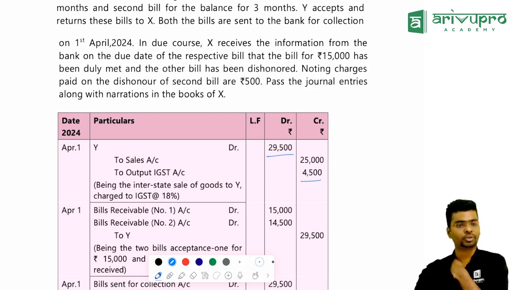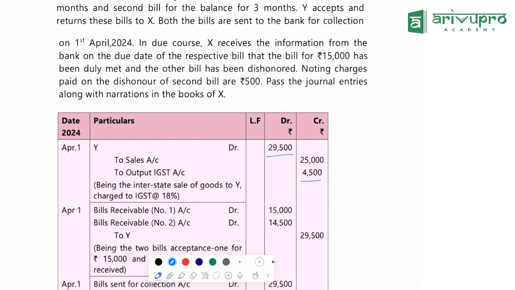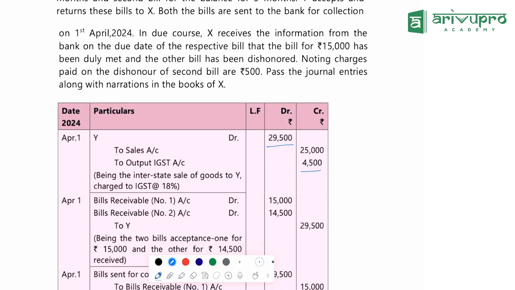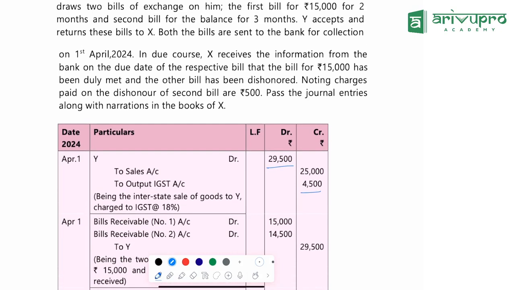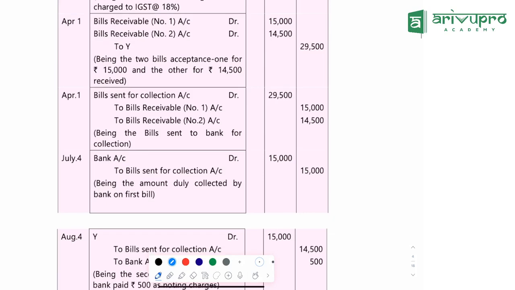Is it going to be for 25 or 29,500? Because boss, when I have to collect from my client it is 29,500, so the bill will be drawn for that 29,500. Now they are saying the first bill is for 15, the second bill is for 14, so the bill amounts will be 15 and 14.